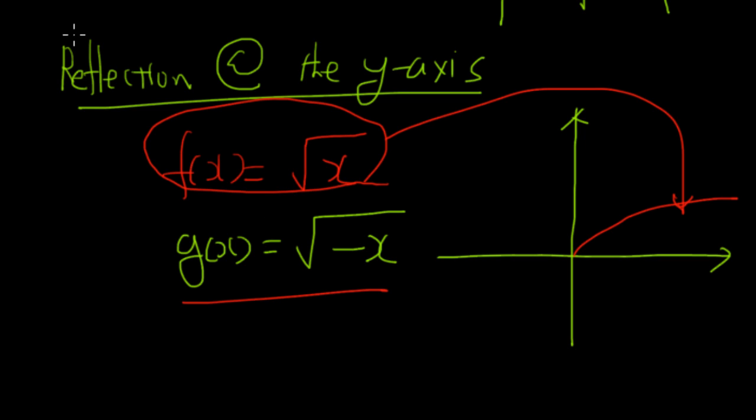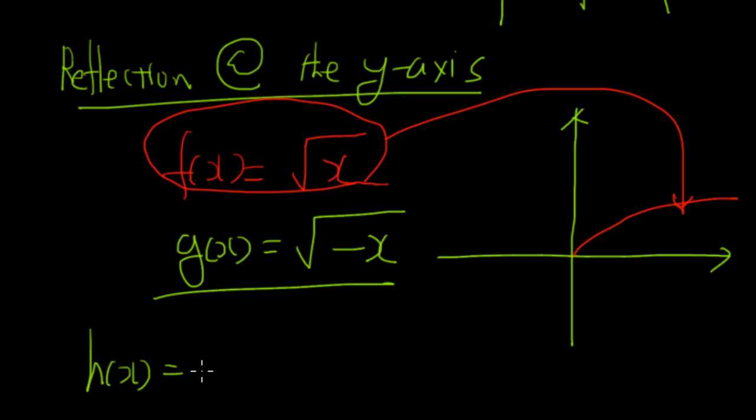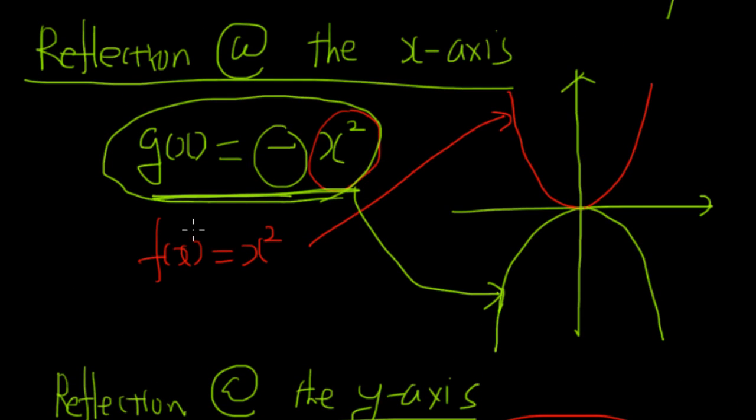Now this g of x is different from, let's say, another function h of x, which is the negative of the square root of x, right? If we have something like this, negative on the entire function, that would be the case of reflection about the x-axis, where you flip around the x-axis.